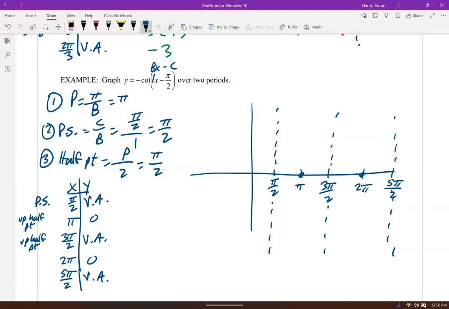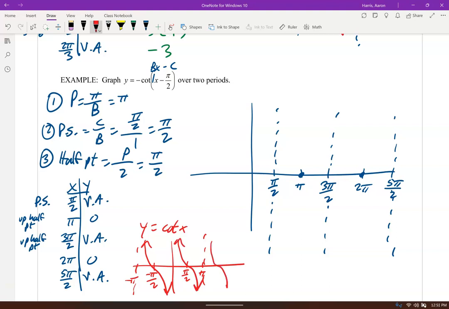And with the cotangent, remember, the cotangent looks like this, it's decreasing. Well, that negative in front is going to flip that around. So instead of this thing decreasing, it's going to increase.